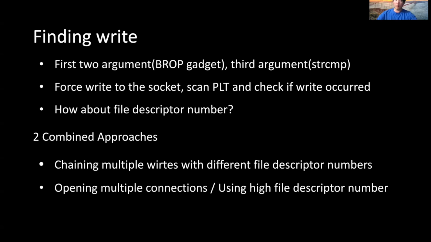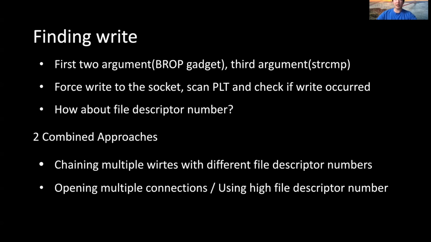The full exploit for spawning a shell is not available at the moment, but we only have a few more steps left. We now have control over the first two arguments with BROP gadget and the third argument with string compare. Write can trivially be found by scanning each PLT entry, forcing a write to the socket and checking whether the write occurred. We need to determine the file descriptor number and can utilize two approaches.